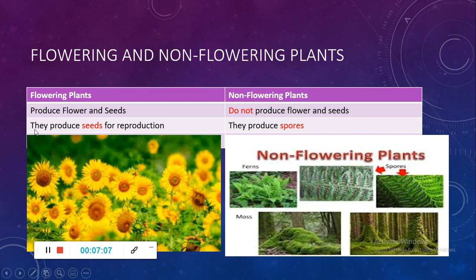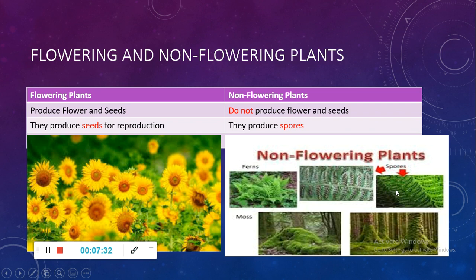What is the next difference between flowering and non-flowering plants? Flowering plants produce seeds for reproduction, while non-flowering plants produce spores. You can look here: under their leaves there are small black spots, and these are basically spores.